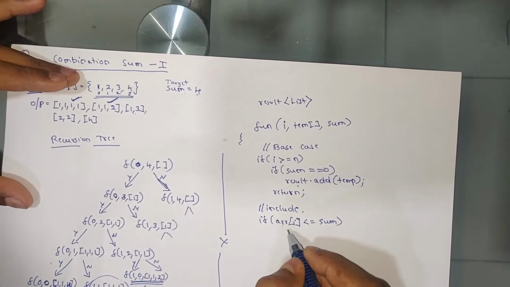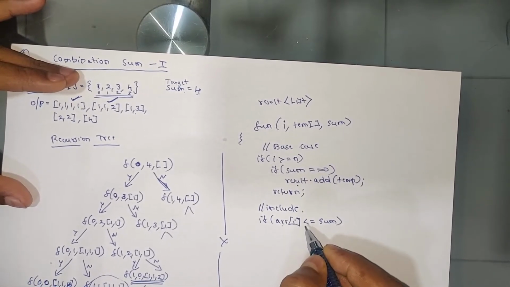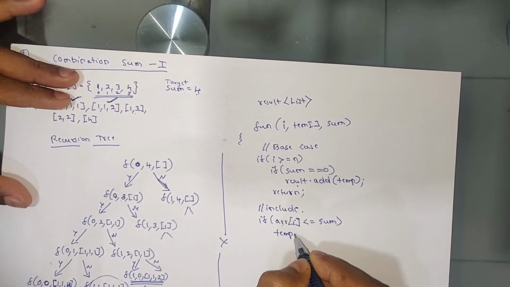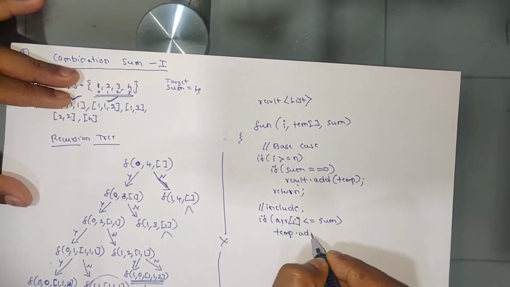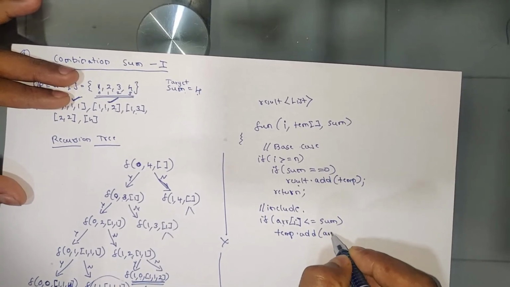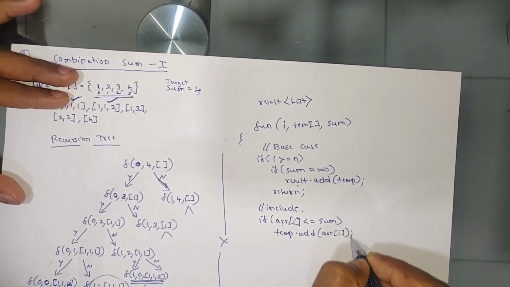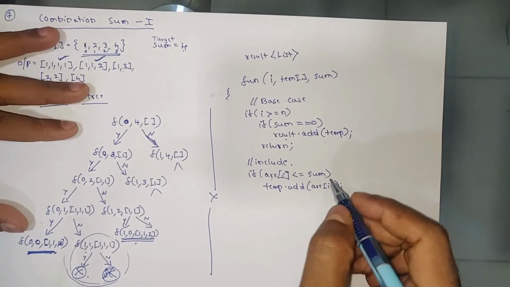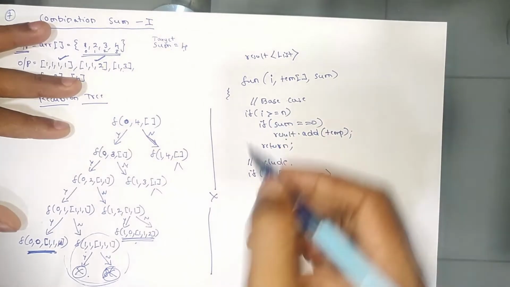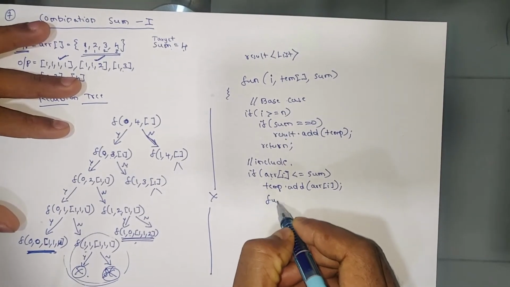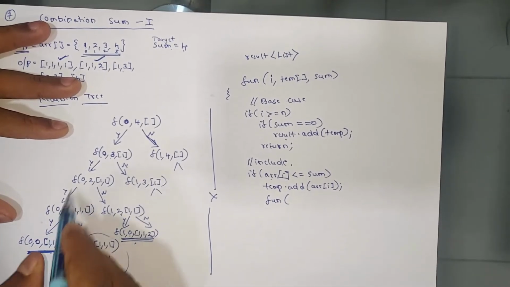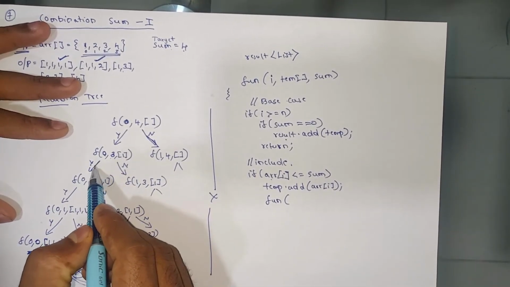If my array of I is smaller than or equal to sum, I will add it to my data structure, temp dot add, array of I. Got it? Once you have added it, I will call the recursion function again.